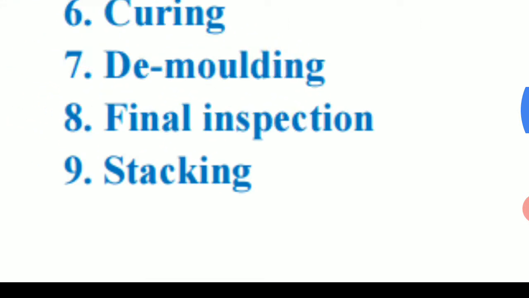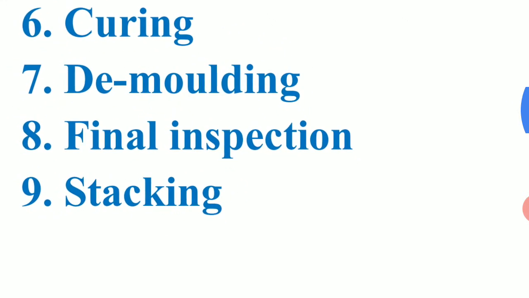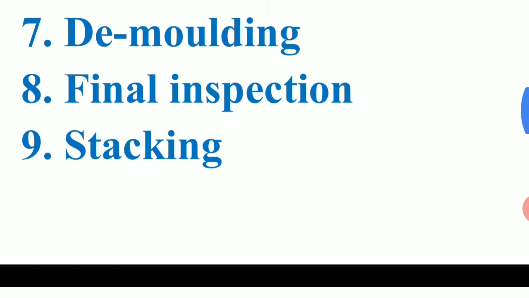So the curing process can go with different curing systems. In most cases, especially in the prefabrication system, they will use steam curing to complete the curing process. And after curing, the demolding can be done, because in the conventional method, first we demold and then we go for the curing process by keeping it in the water tank and all, right?